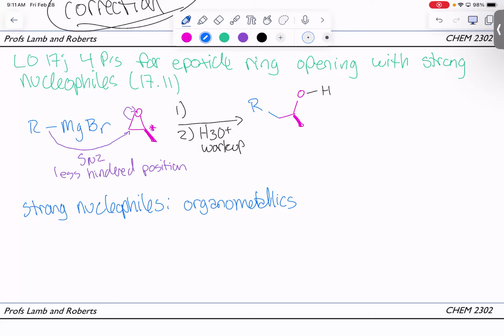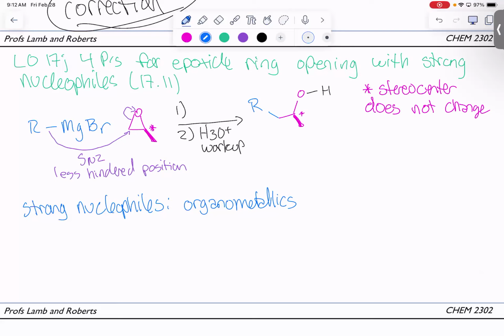So note here, this stereocenter that we had here does not change. Nothing changes there. We haven't reacted at that position. We're not doing any sort of inversion of stereochemistry or anything like that.